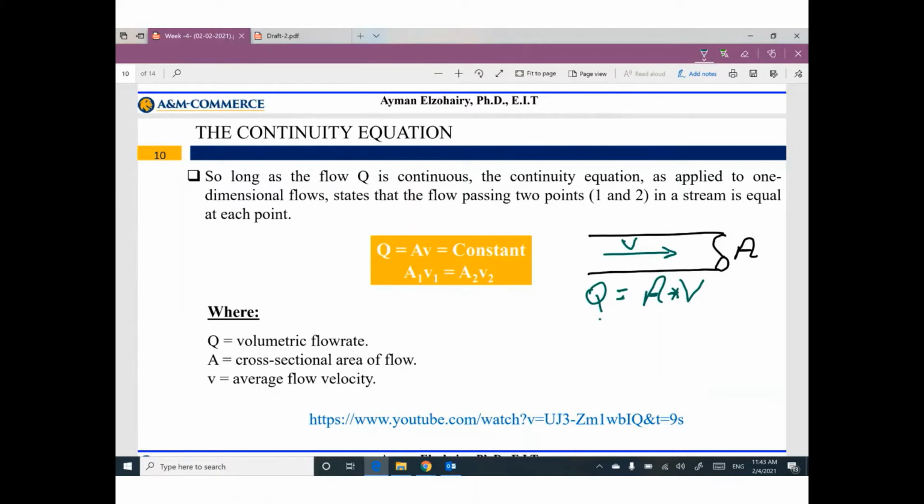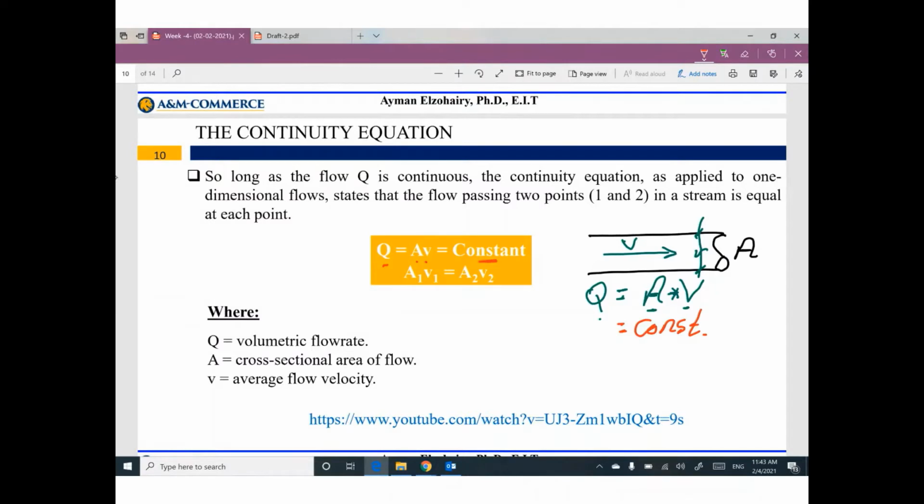The discharge at any cross section, for example this cross section, is the area of this cross section times the velocity at this cross section, and we get Q. This value of discharge will be constant through the pipe. So Q equals area times V, which is constant.